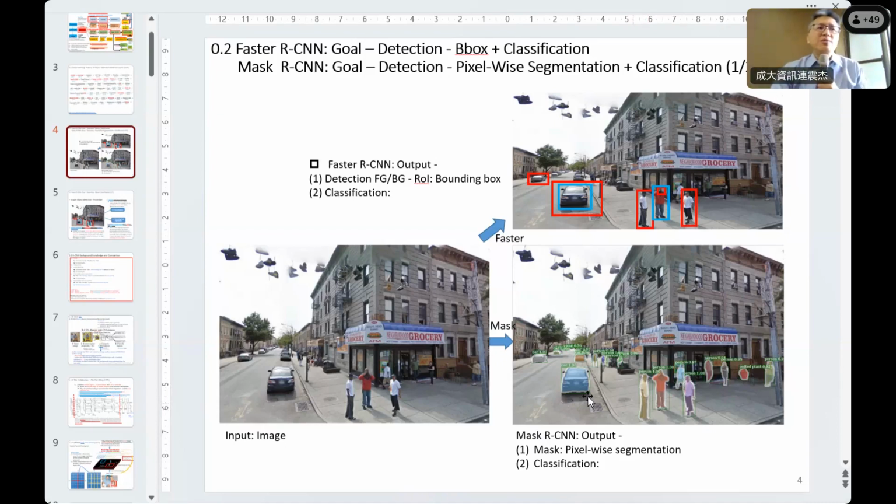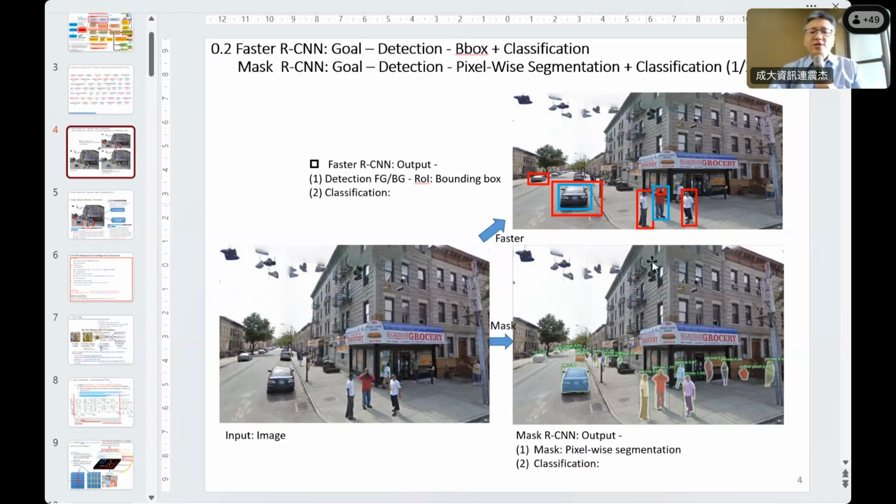That means for each pixel, in the final step, they will classify it as foreground or background. So we call it pixel-wise segmentation. And pixel-wise segmentation is a binary classification. It's for foreground pixel or background pixel.